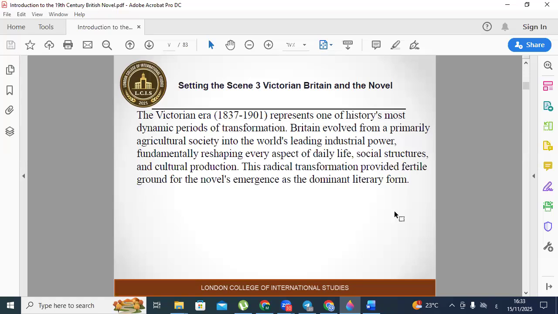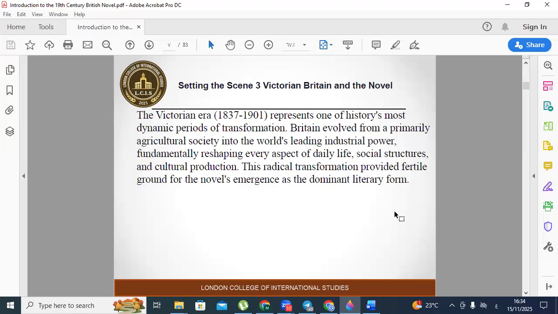Why? Because the novel is particularly well suited to exploring social change, depicting diverse characters from different classes, examining moral questions without easy answers, and representing the complexity of modern life. The novel became the form through which Victorians made sense of their radically changing world.